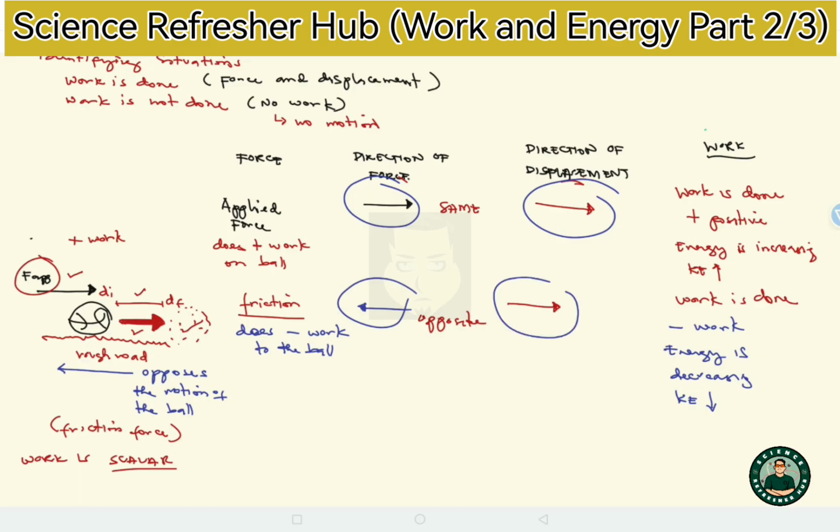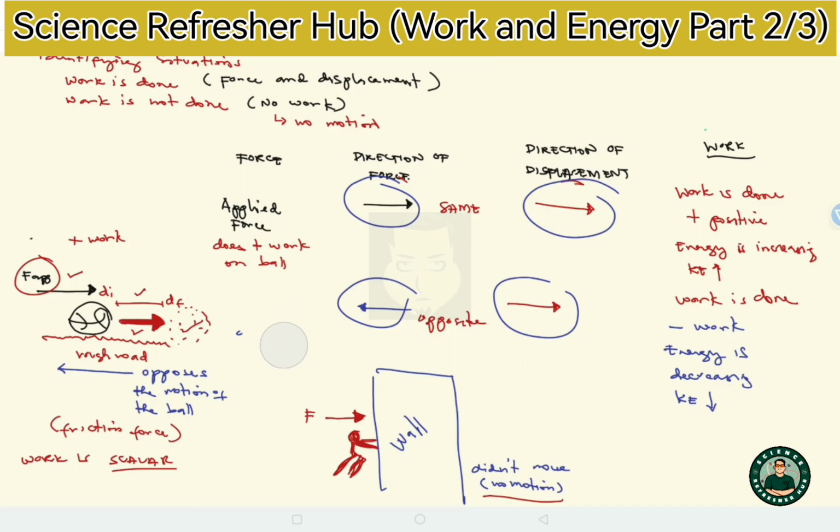Another example, this is a wall, and we have a person trying to push the wall, so the direction of the force is to the right, but the wall didn't move, no motion. Let me erase this first.